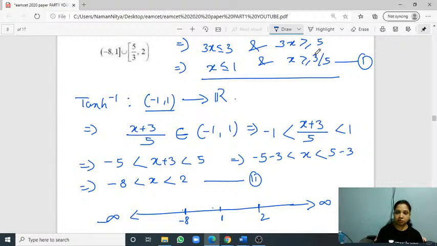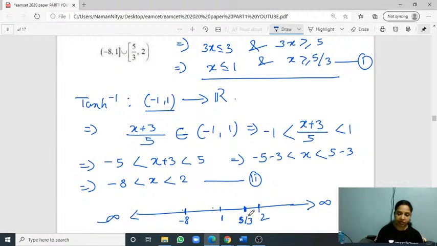Sorry, this is not 3 by 5, this is 5 by 3. I'm so sorry. This is 5 by 3. So 5 by 3 will be 1 point something, so obviously it will be before 2. So that is 5 by 3.